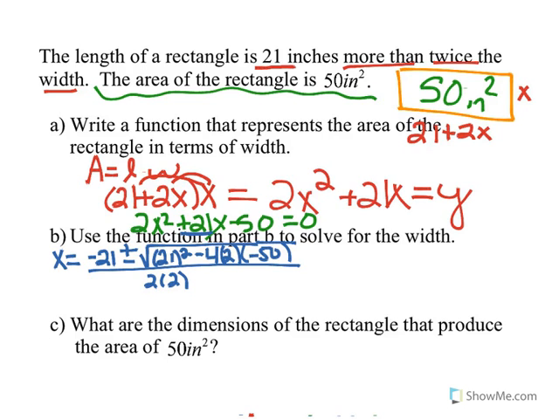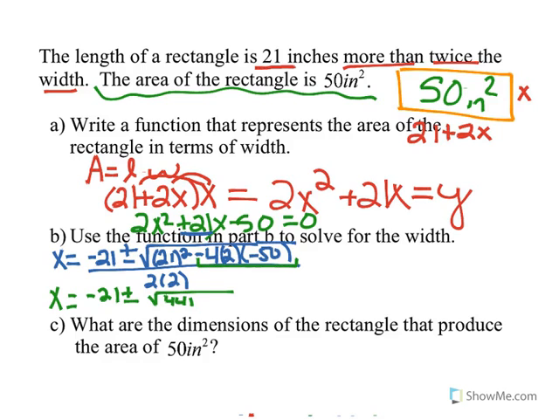Let's simplify that down. We have negative 21 plus or minus 21 squared, so 21 times 21 equals 441. And then remember, we're doing 4 times 2 times 50. Well, 4 times 2 is 8. 8 times 50 is 400.